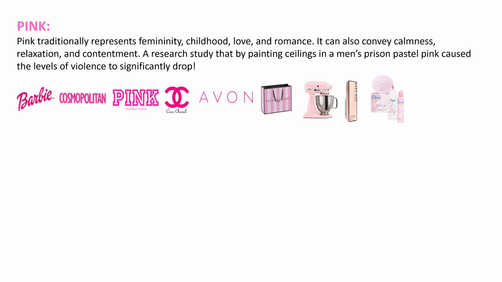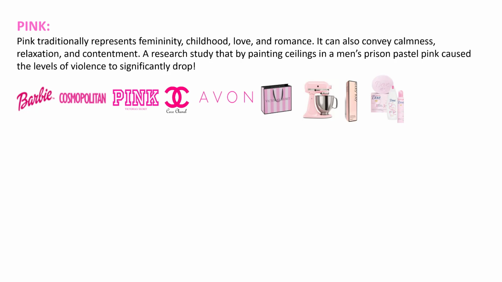And so you can look at all these brands from Victoria's Secret, lingerie to Avon makeup, even Barbie dolls, pink, right? But I put up here, I read another research study and I thought it was so funny. They painted the ceilings in prisons, in men's prisons, different colors of paint on the ceilings.